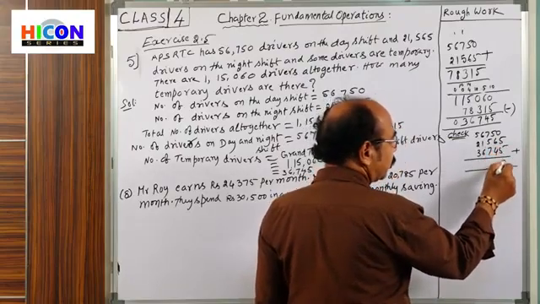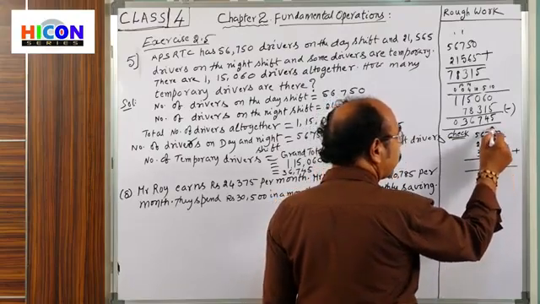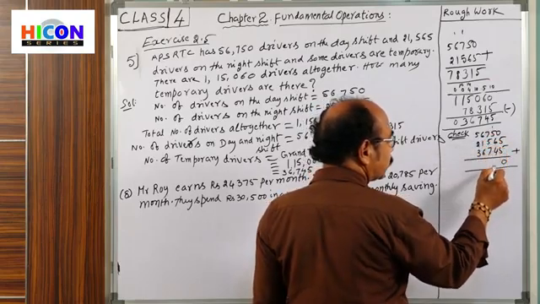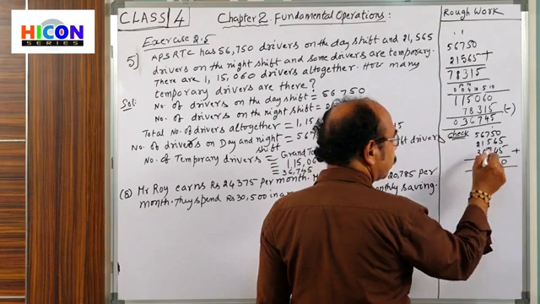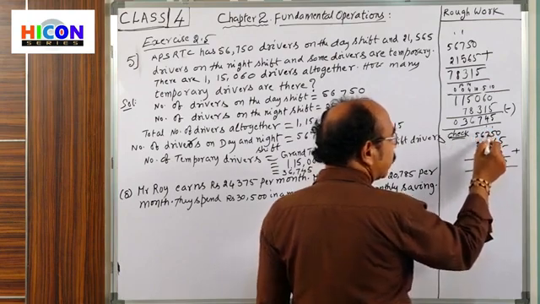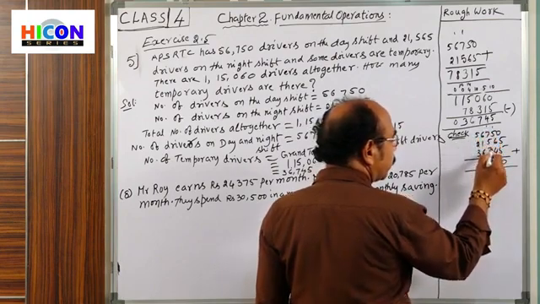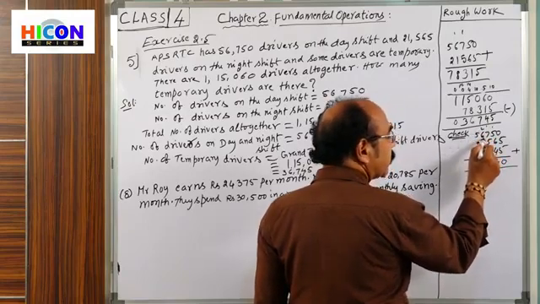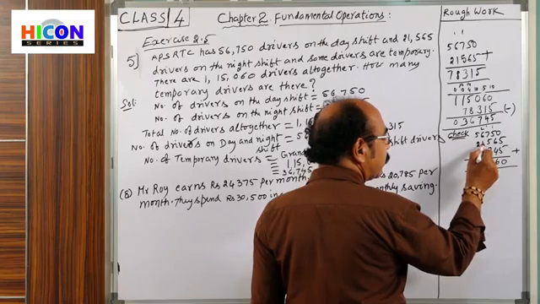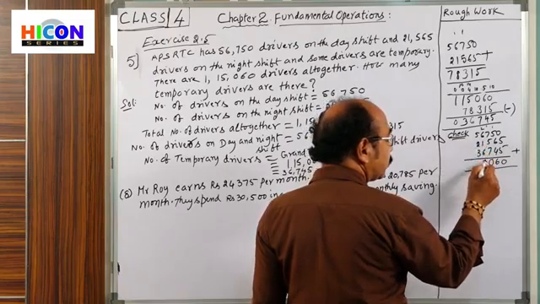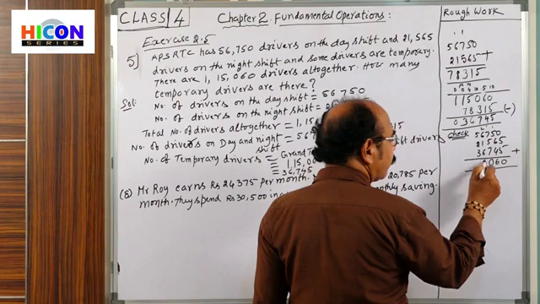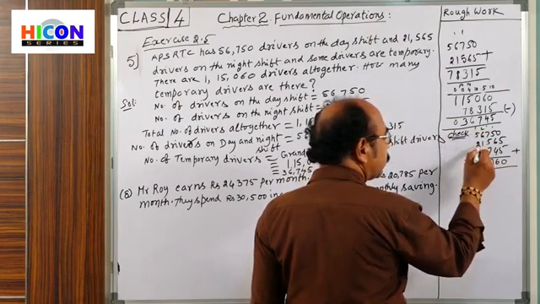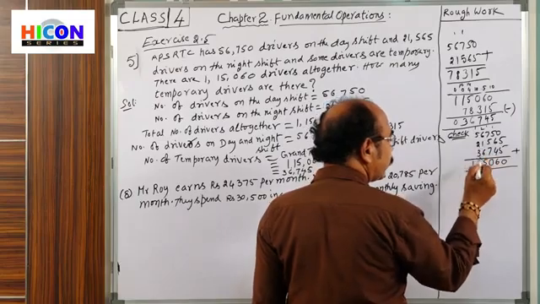5 plus 5, 10, 0. Here 1 is there. 5 plus 1, 6. 6 plus 6, 12. 12 plus 4, 16. 6, 1 carried. 7 plus 1, 8. 8 plus 5, 13. 13 plus 7, 20. 0, 2 carried. 2 plus 6, 8. 8 plus 1, 9. 9 plus 6, how much? 15. 5, here 1. 5 plus 1, 6. 6 plus 2, 8. 8 plus 3, 11.